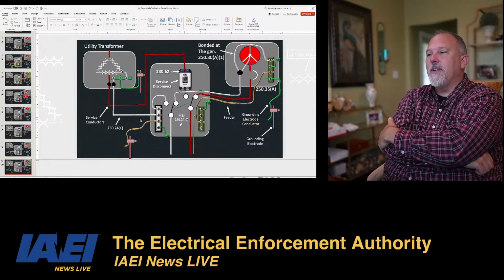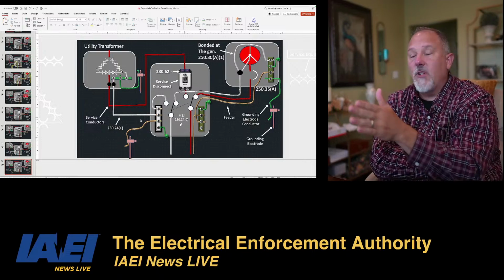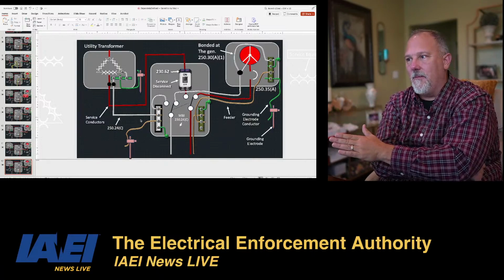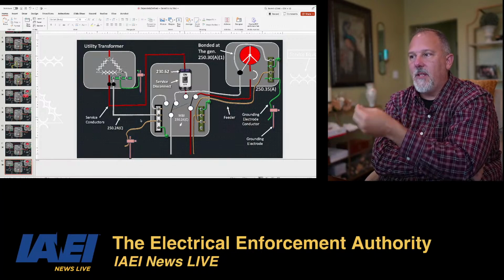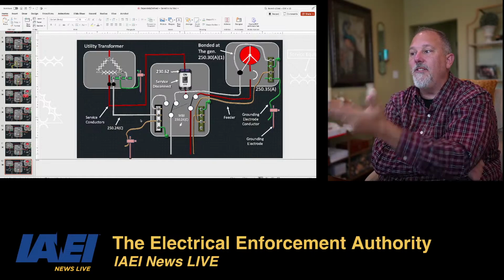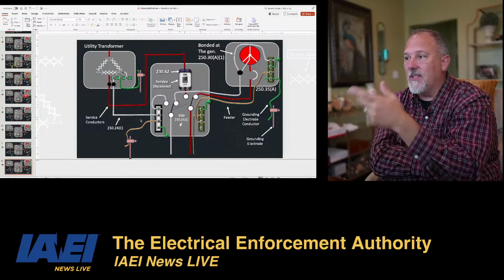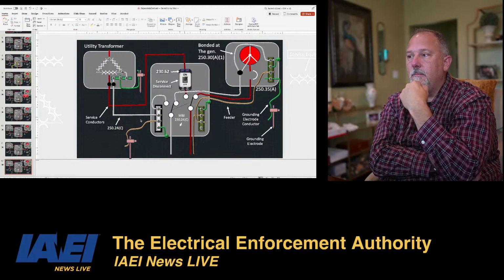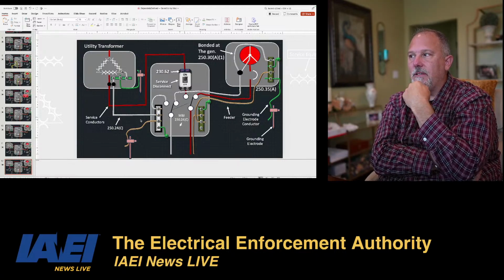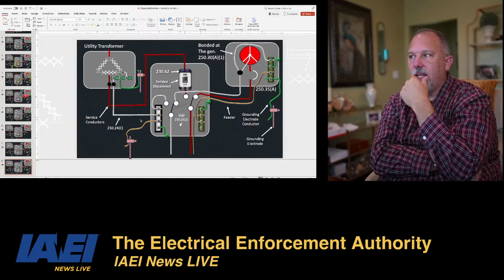It's through the bonding that you are connected, which is permitted for a separately derived system. You're permitted to connect through the bonding, but your grounded conductor is separate, your ungrounded conductor is separate. Your bonding is all there, but your grounded and your ungrounded conductors are separated.